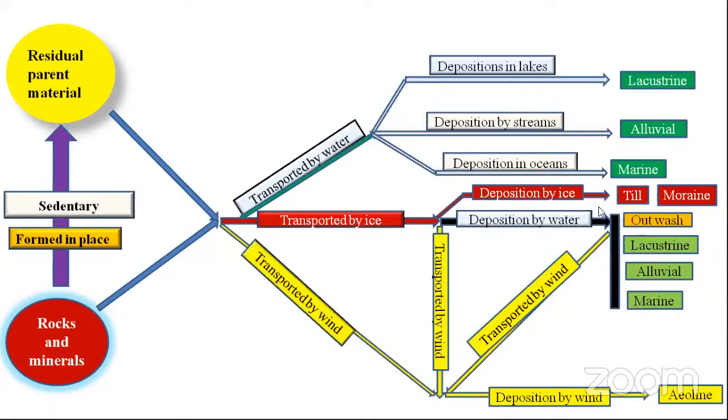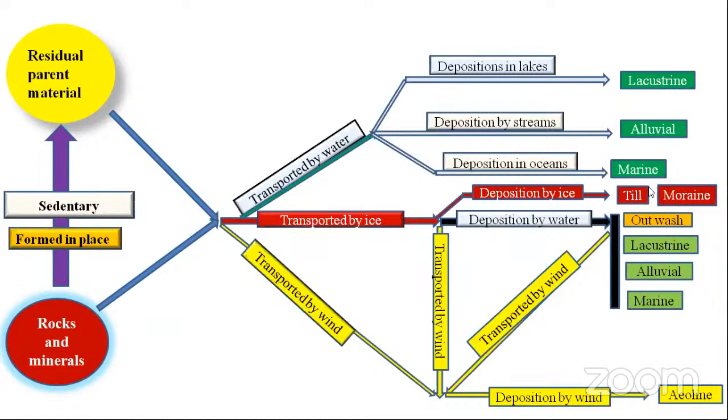So this is the complete classification based on the mode or agent of transportation, where we can see different types of soils. Definitely, students, whether it is SRF or JRF, you will get some questions on this. Nowadays they are not asking match the following, but some years back they did, based on this concept.